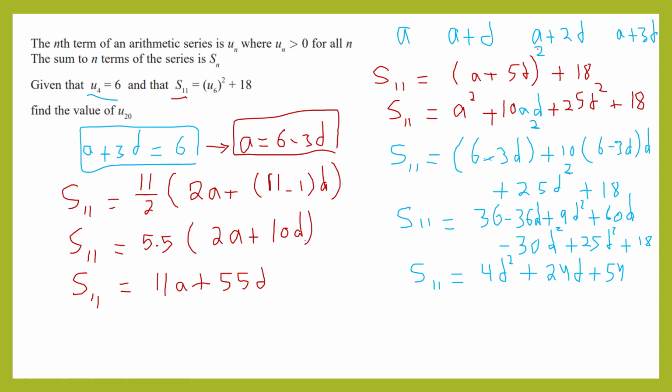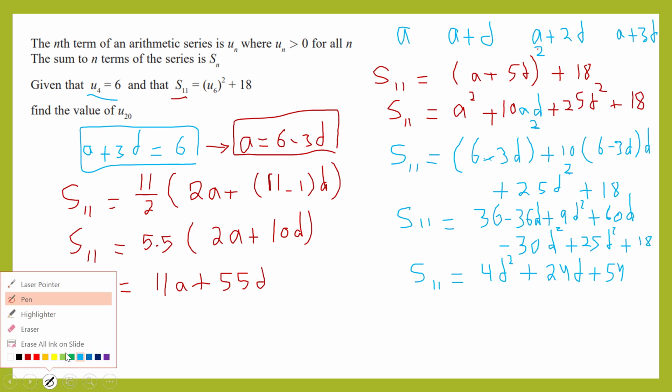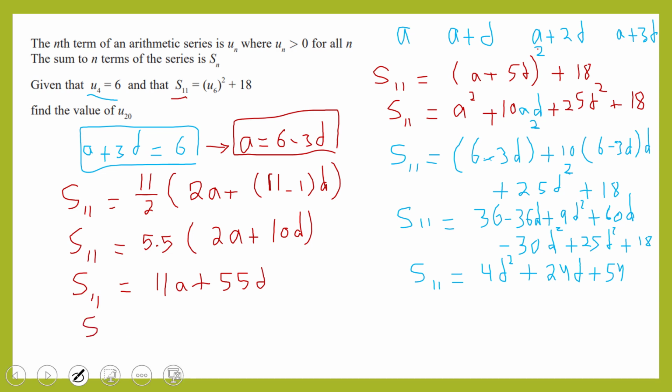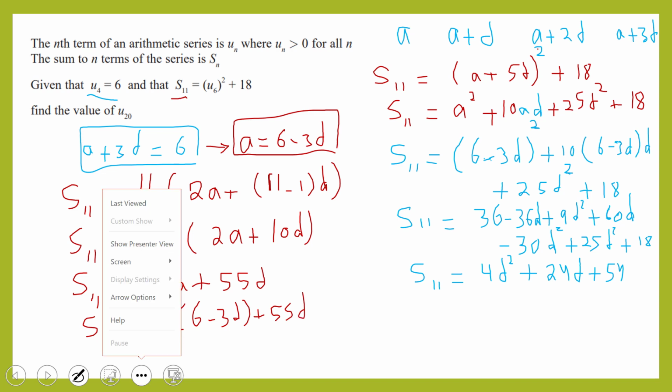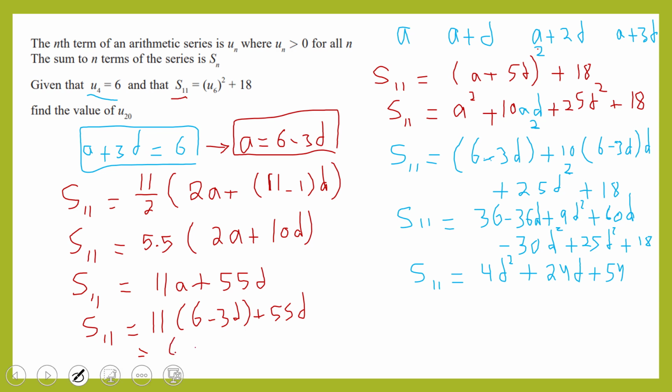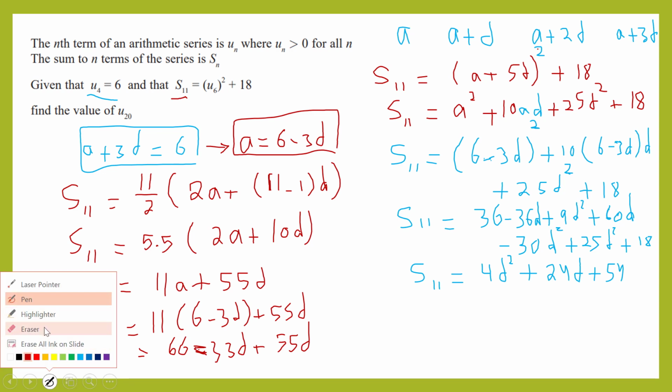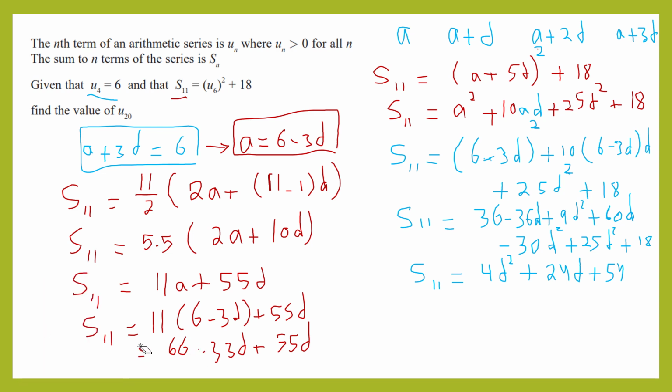Let's do the same thing for the other form of S11, by making a the subject. So S11 will be 11 multiplied by (6 minus 3d) added to 55d. So it will be 66 minus 33d added to 55d.